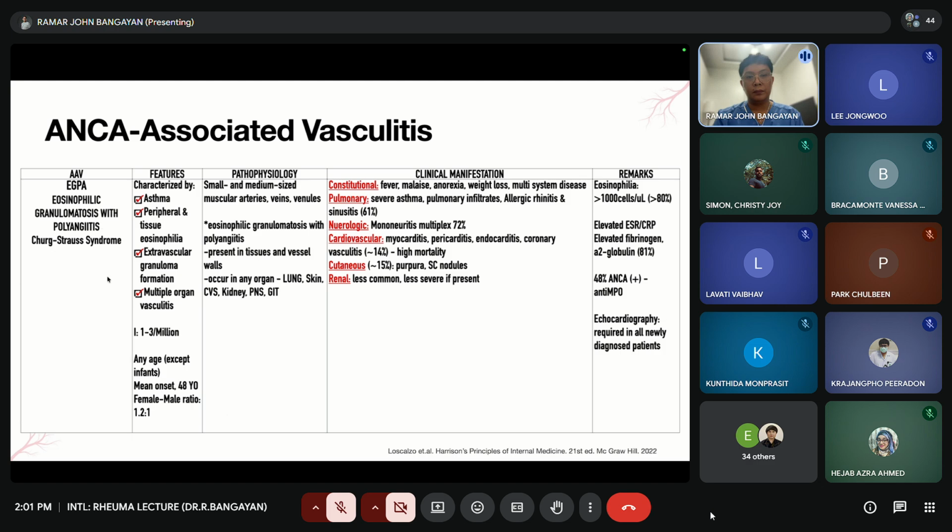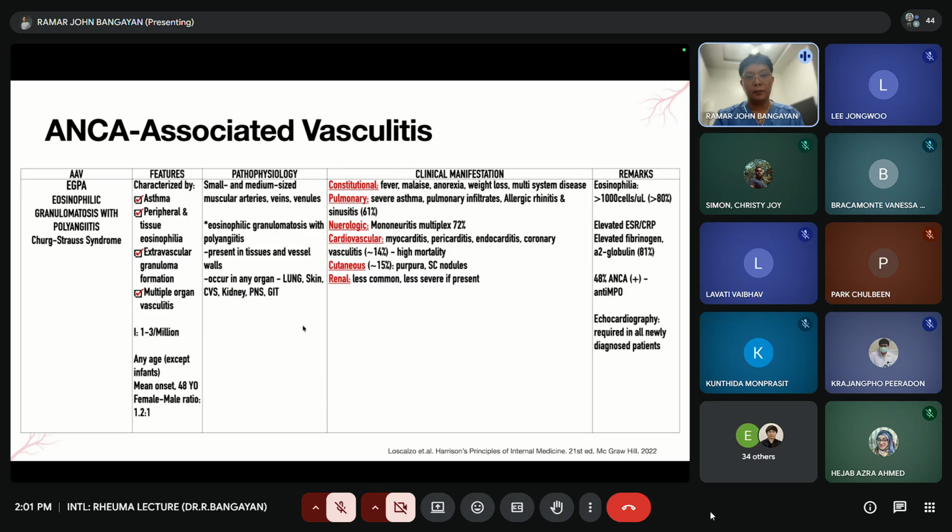Okay? So for EGPA, same involvement, small and medium sized muscular arteries, you appreciate eosinophilic infiltration. It is also present in the tissues, in the vessel walls. It occurs in any organ, your lungs, skin, cardiovascular, kidney, in your peripheral nervous system, and your GIT.